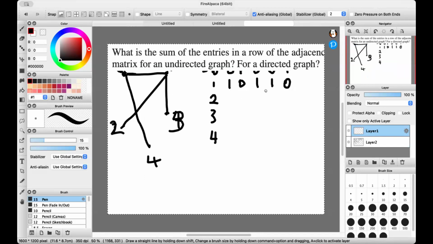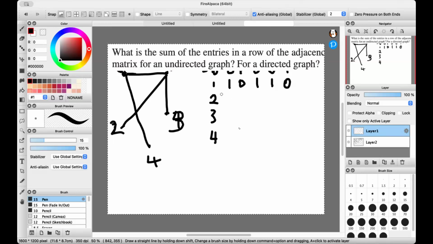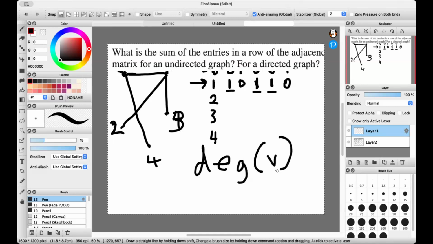Since for a row, you're putting down 1 for each edge that is in the graph, you're basically counting all of the vertices that are adjacent to it. So that's the same as the degree of that particular vertex. So that's the answer for the first part. Does that make sense?